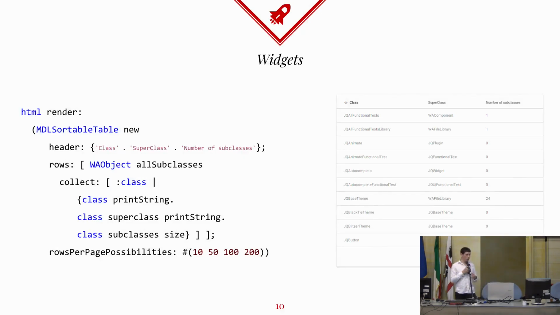So it's just Seaside components, so you can use them like any other components in Seaside. You create a new one, you can customize it and use HTML render to use it. And a last part of this project was extensions.